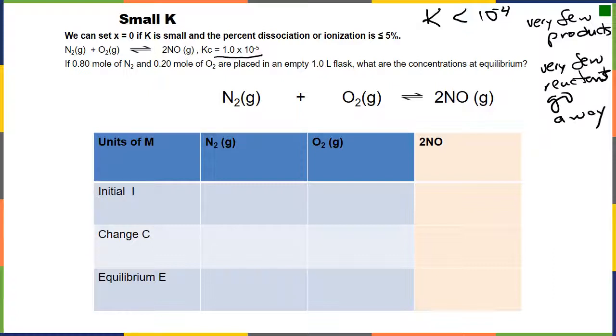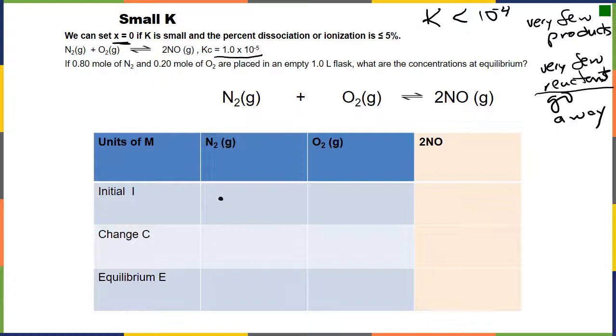How does that help? This is going to allow us to approximate and set our x equal to 0. Now, it won't be all x's because then we won't have a math problem. It's going to be the x's compared to some original reactant concentration. So let's write some stuff down.